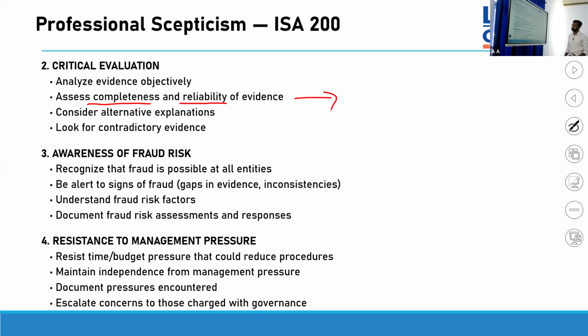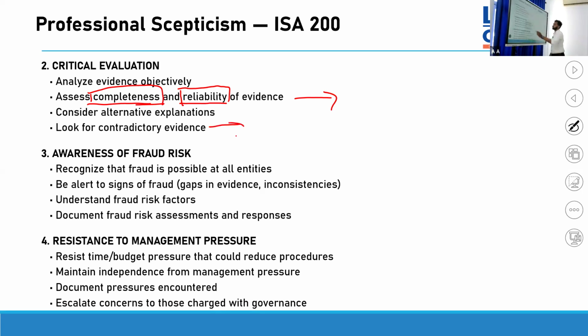If we have evidence, we must assess whether it is complete and also reliable, as well as consider alternative explanations. If we are not clear with some explanations provided by management, we must consider alternative explanations, right? Also, we must look for contradictory evidence.